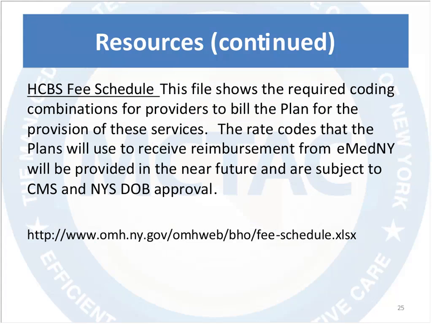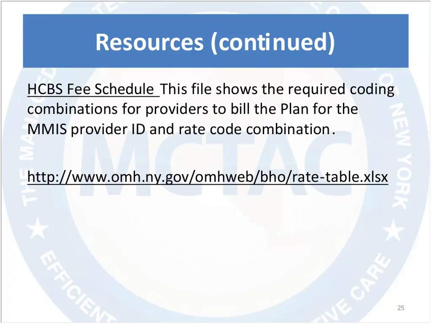The other important piece for those who are authorized or are applying to be able to bill a home and community-based service is the fee schedule on that plan, on that document, and that website shows the required coding combinations for providers to bill for the provision of these services, and you'll want to take a look at those also.